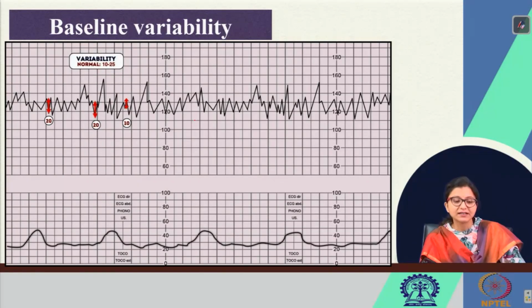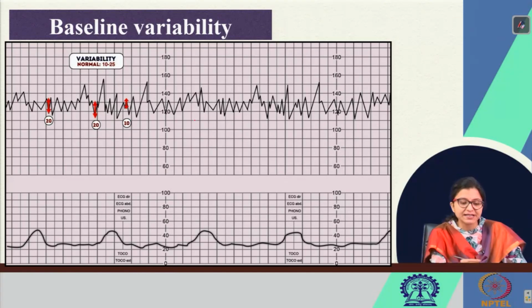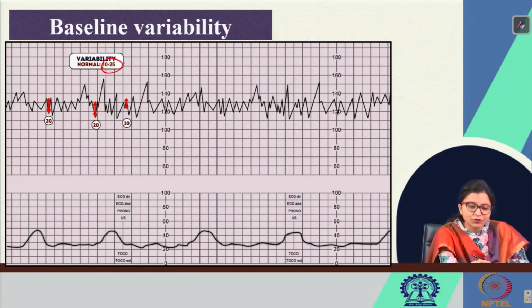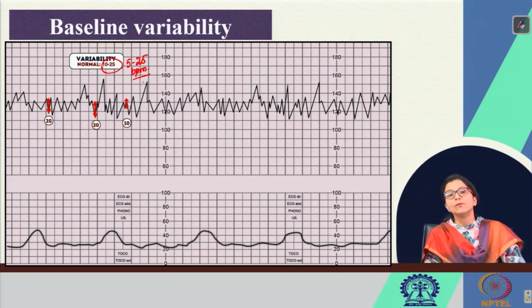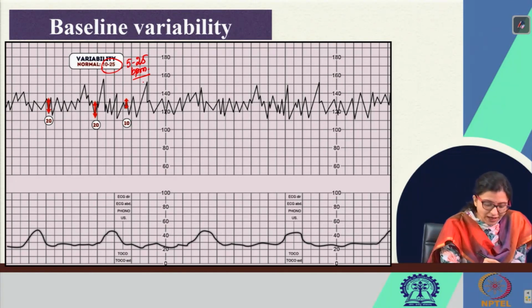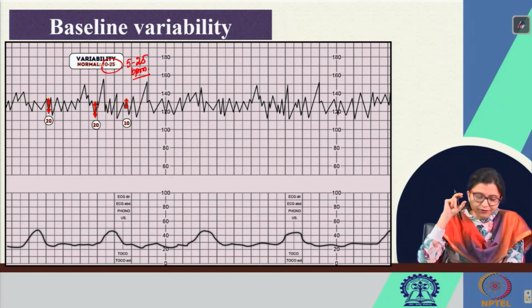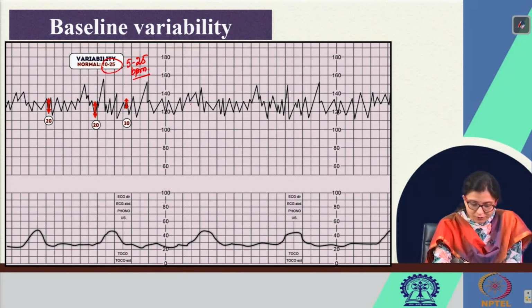So, this is the graph for fetal variability. Normal is 10 to 25, but we take it as 5 to 25. Less than 5 is reduced variability, more than 25 is excess. Both are not normal. Here you can assess, I told you every vertical square is 10.